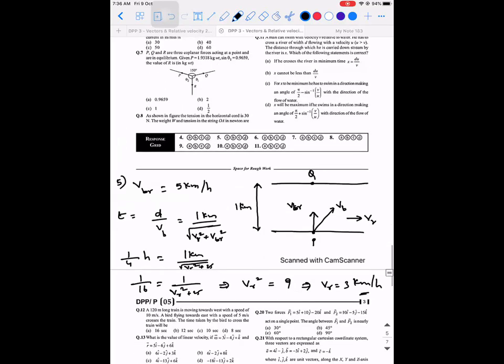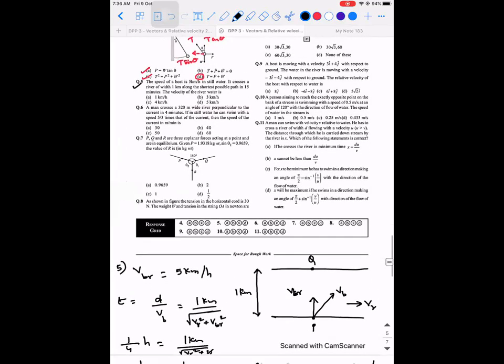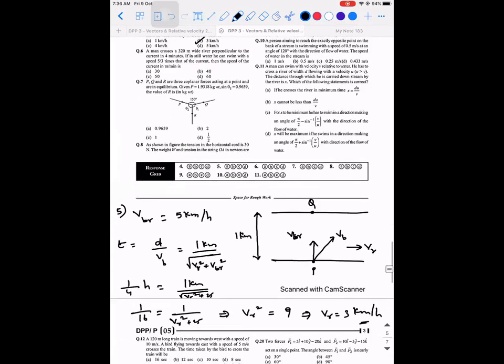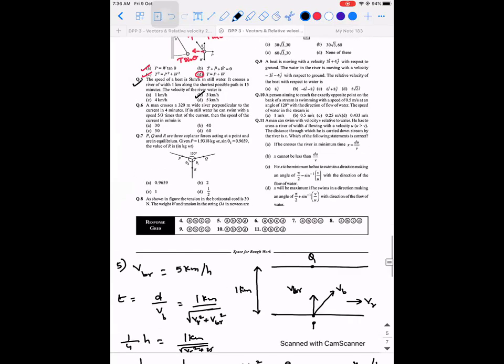Is there an option 3 kilometer per hour? Yes. So it will be 3 kilometer per hour. I think we did this problem the other day, right?